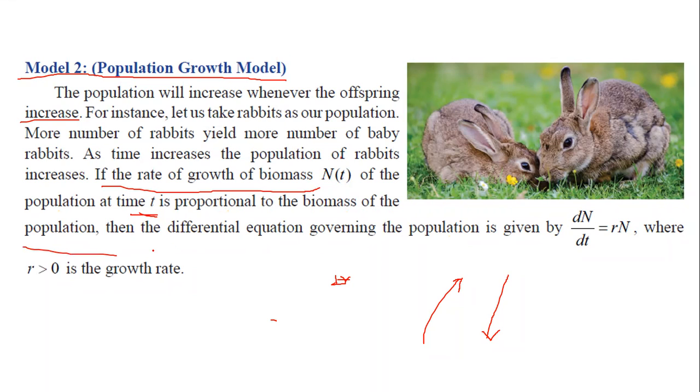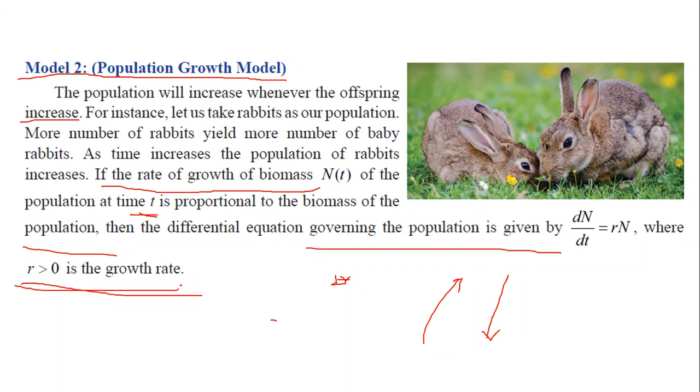Then the differential equation governing the population is given by dn by dt equal to r into n, where r is the growth rate. This model also you have to go through two or three times, so that you can understand this concept.